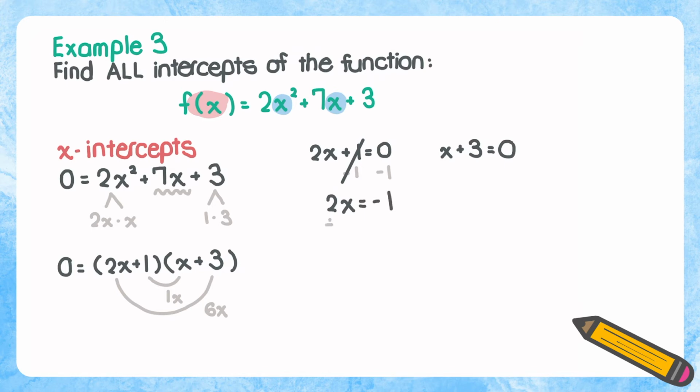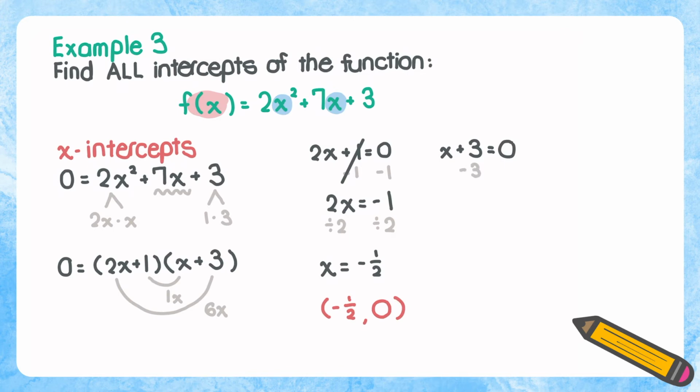I'm going to divide both sides by 2, and I'm left with x equals negative 1 over 2, or negative 0.5, whichever. So I have an x-intercept at negative 1 over 2, comma 0.